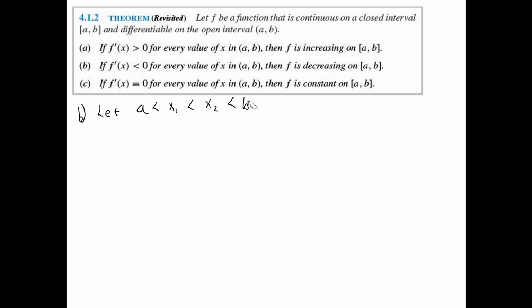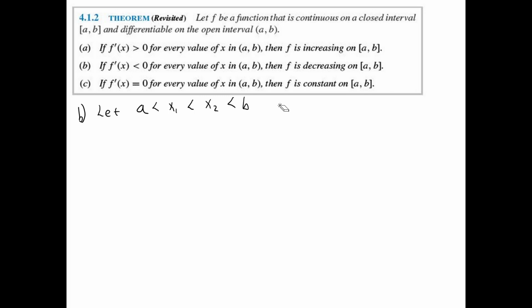We're assuming that f prime of x is less than 0 for every value of x in (a,b). So x1 and x2 are in (a,b) because I'm telling you that a is less than x1, and then x1 is less than x2, and that x2 is less than b. So both x1 and x2 are in (a,b), right?